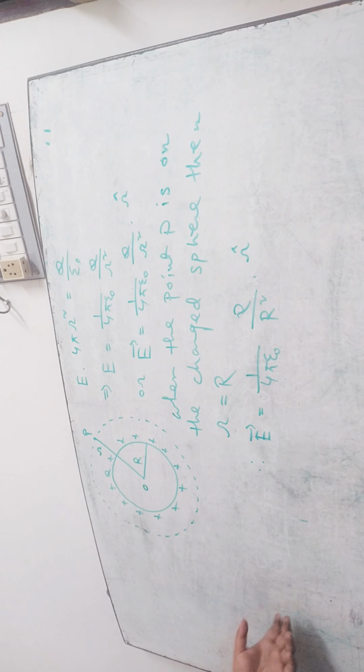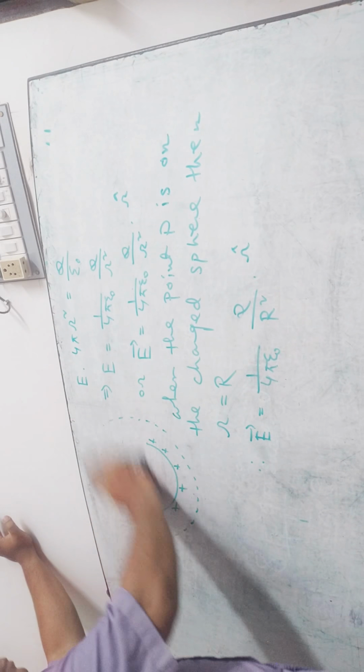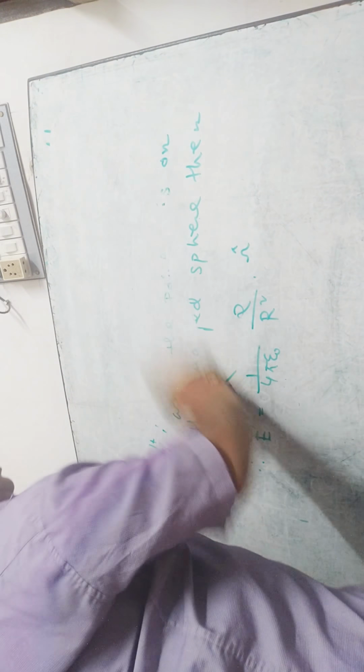Now we can draw the electric field versus distance graph from the center of the charged sphere.